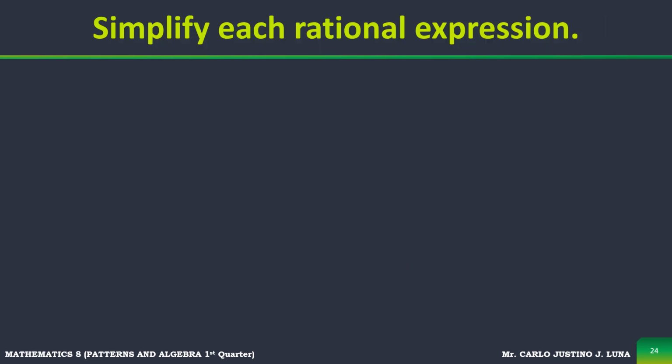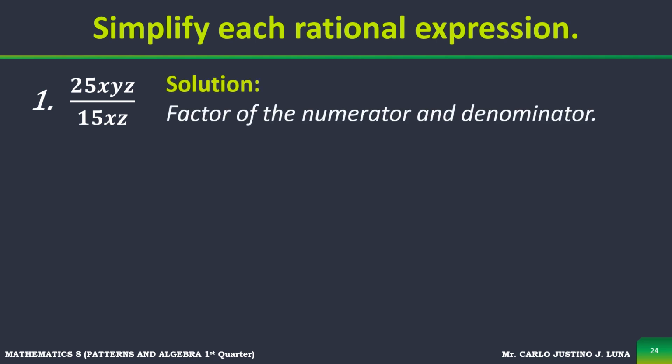Simplify each rational expression. Number 1, 25xyz over 15xz. In order for us to simplify this given rational expression, we need to get first the factors of the numerator and the denominator.